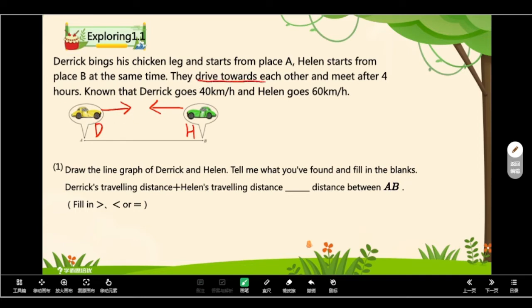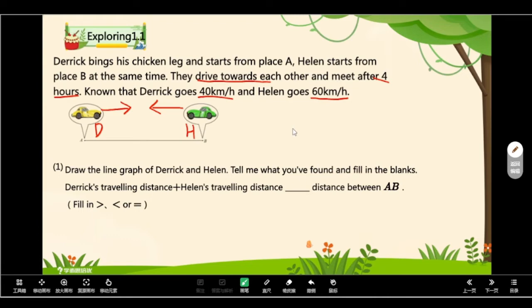This means going towards each other. They will meet at the middle point, and they are going to meet after 4 hours. And it is known that Derek goes 40 km per hour and Helen goes 60 km per hour. The question is asking us to find out the relationship of their distance.